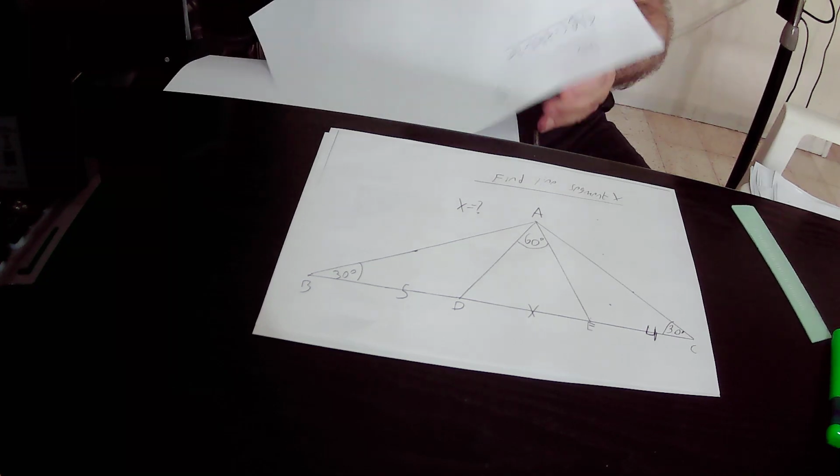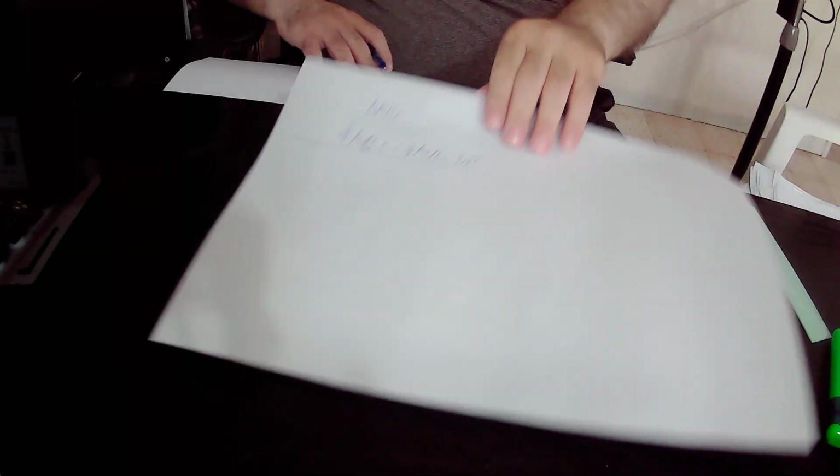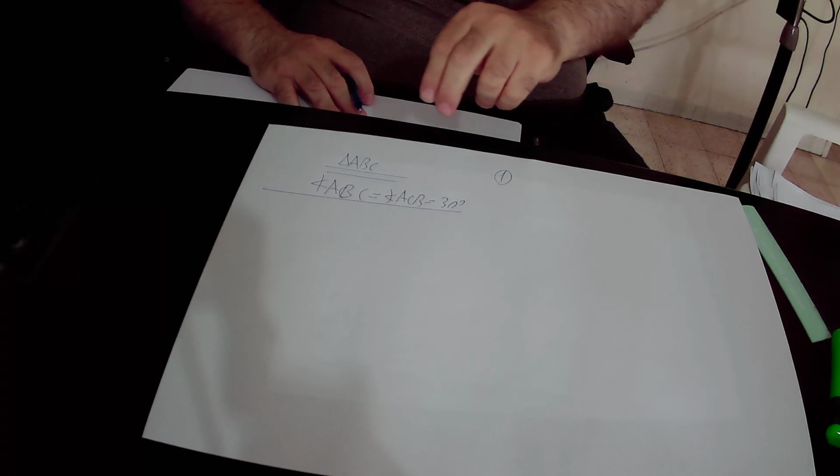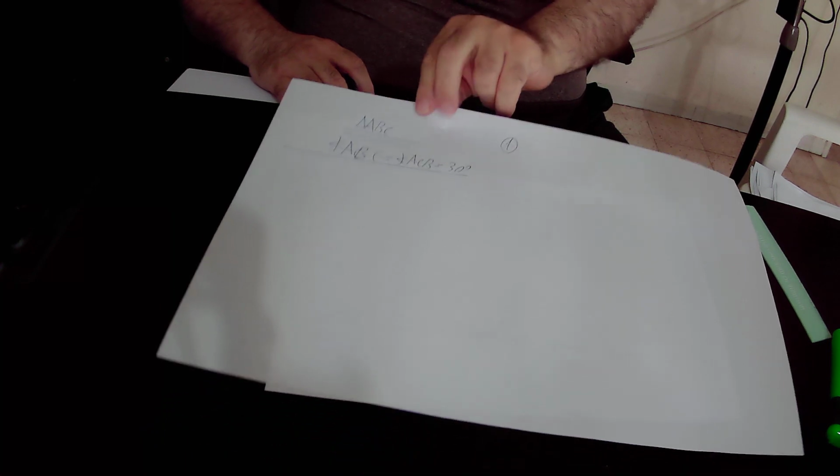I'll repeat again. In triangle ABC, angle ABC equals angle ACB, and both angles are equal to 30 degrees. Okay?